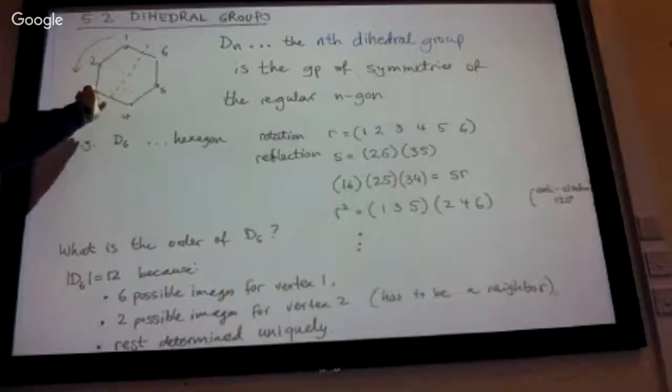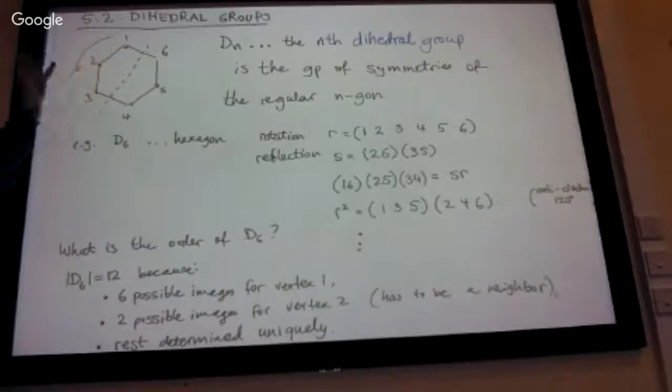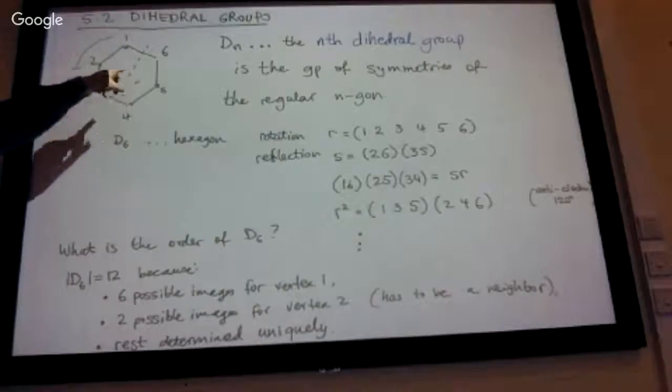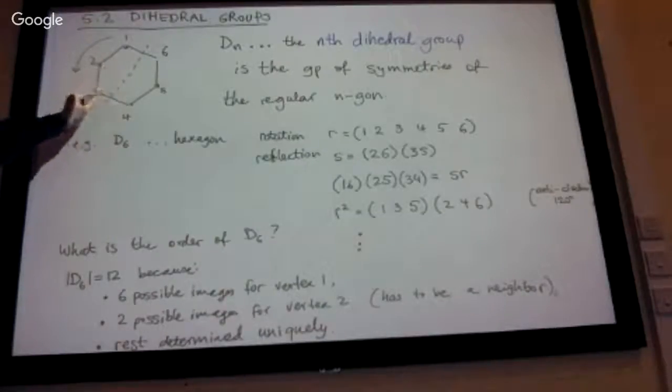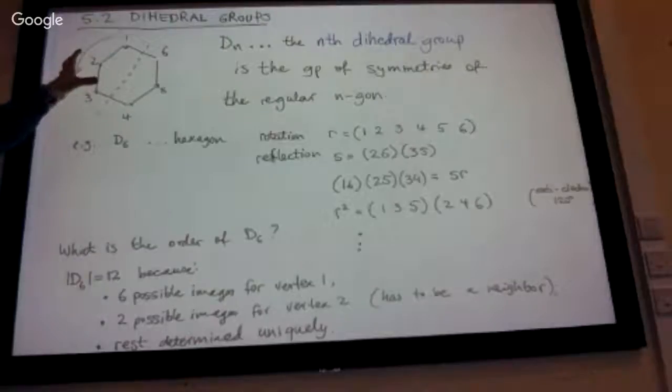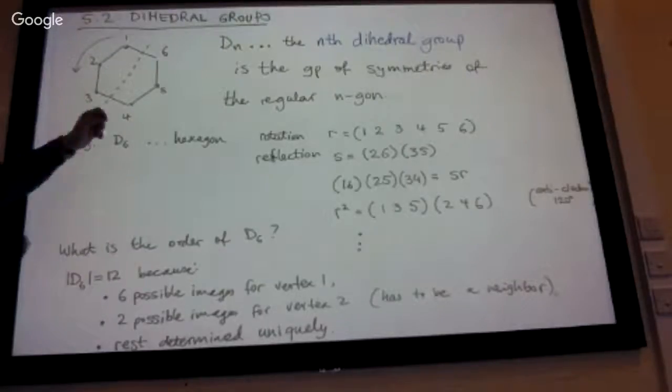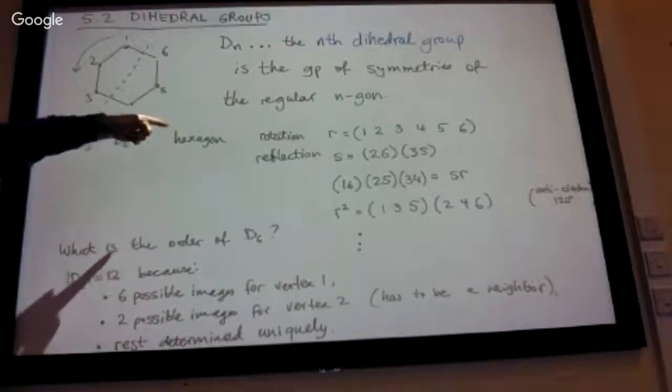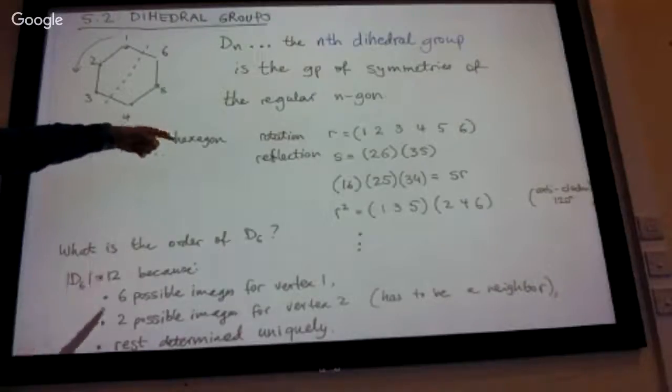So the domain should be all the vertices, all the points on the edges, and all the points in the interior, and they all get mapped somewhere. And then without a word of warning, I just wrote the vertices. So that was the second point of view.